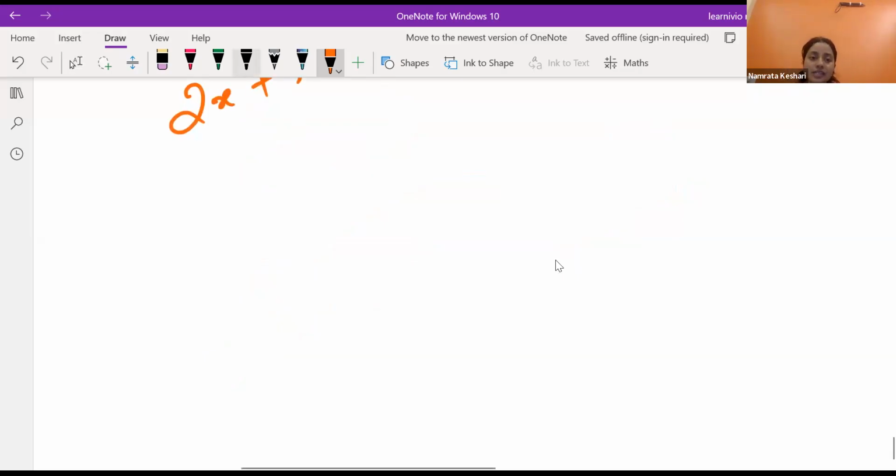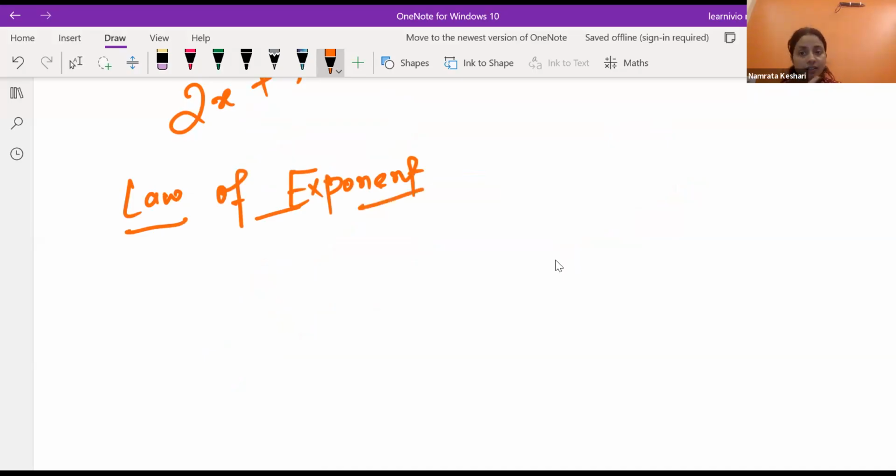The next rule again comes from the law of exponent, which is in the first chapter. I'll be explaining it there as well, and here also I'm explaining in detail. Take this rule as it is.